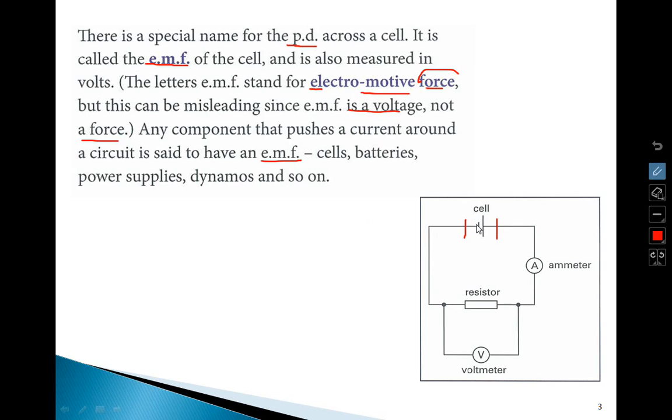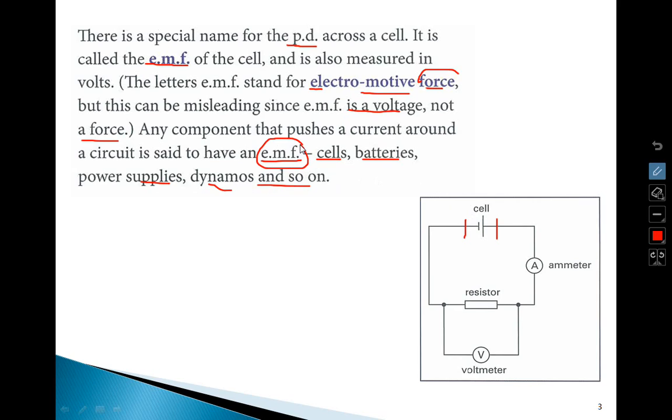Any source of voltage that pushes current through the circuit has an EMF. Even a cell, a source of voltage, cells, batteries, power supplies, dynamos, and so on, whatever. So each of them has what?